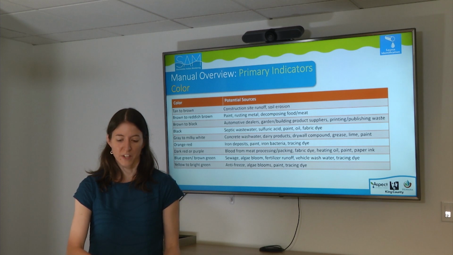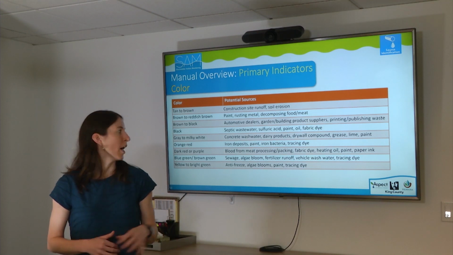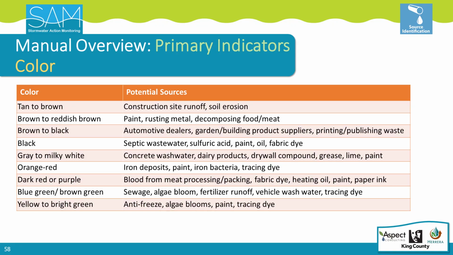Next we have color, which is kind of a fun section to put together. This is just a rolled up version of what's in the manual, but definitely take a look at those tables. There's lots of photographs in there to help you identify what some different illicit discharges might be and what some potential sources are. This starts on page 69 in your manual or page 79 in the PDF version. And this just provides a list.